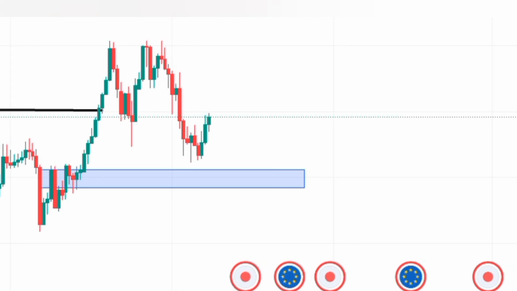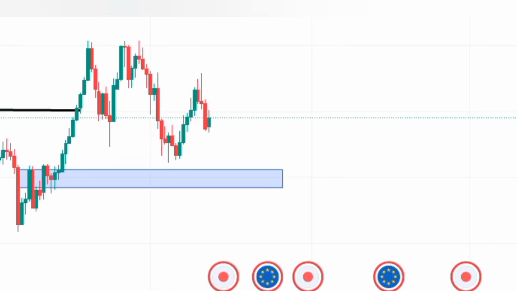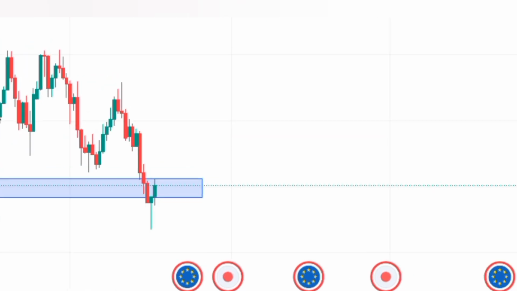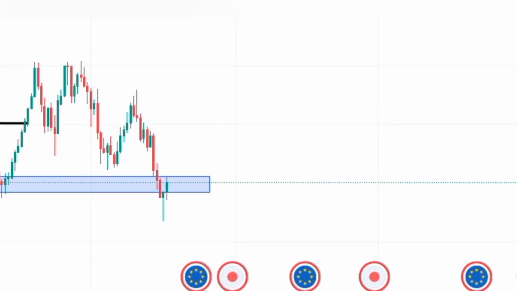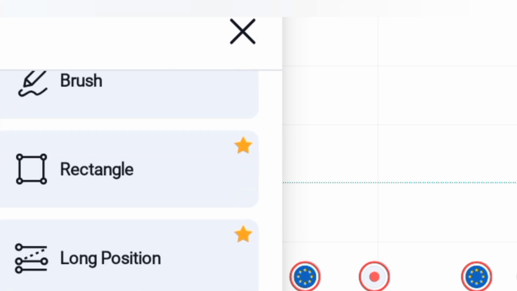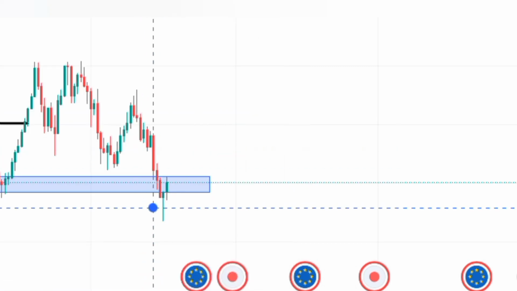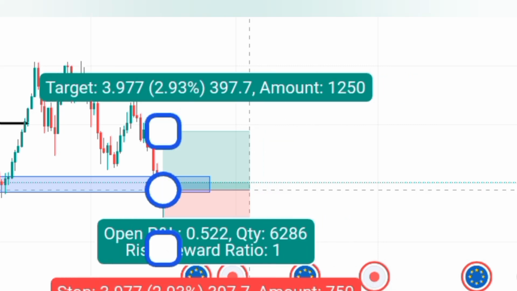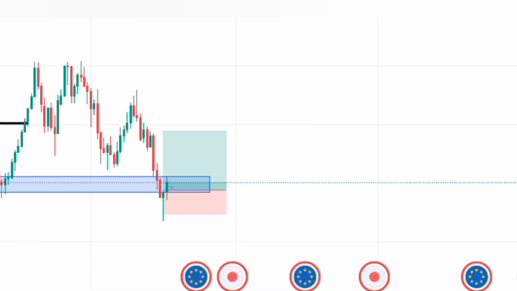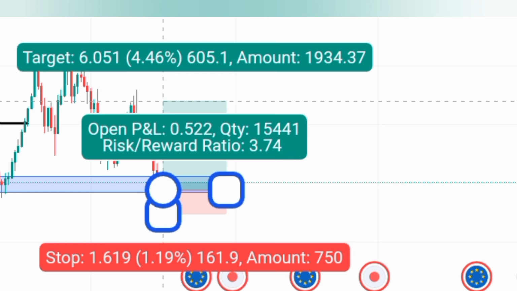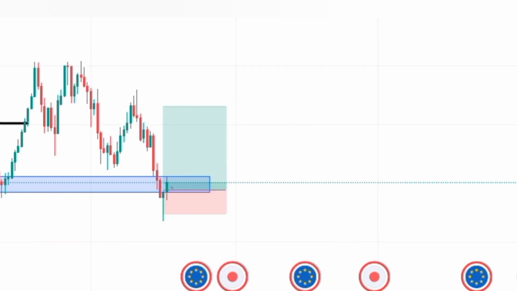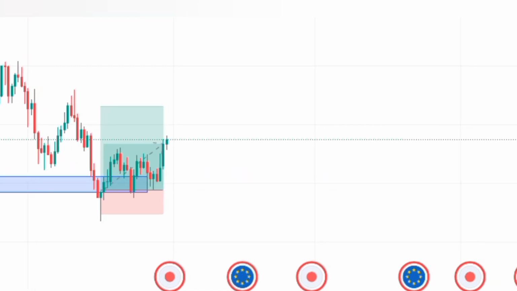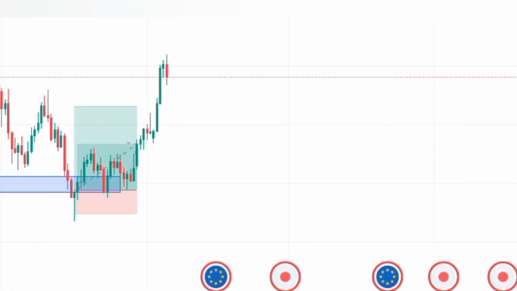So as you can see now, after giving us confirmation on our order block right there, you can just enter the market from right here. Then finally the market moves up when it taps our TP right there.